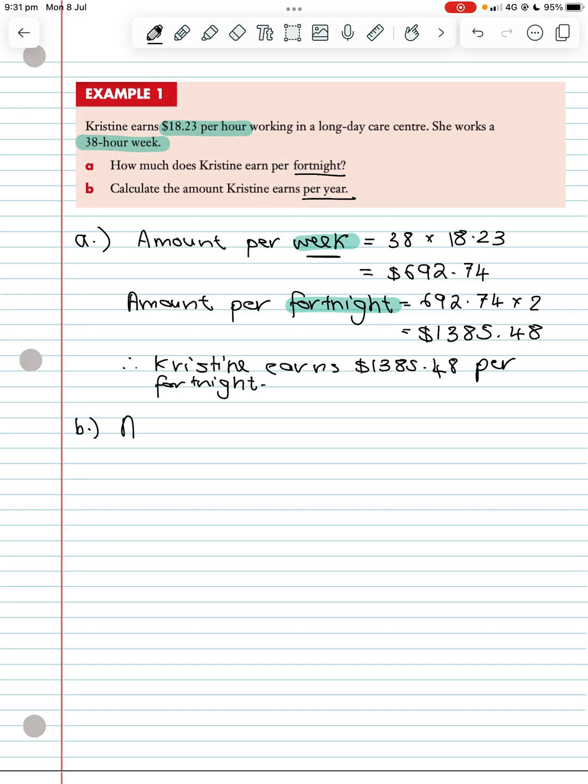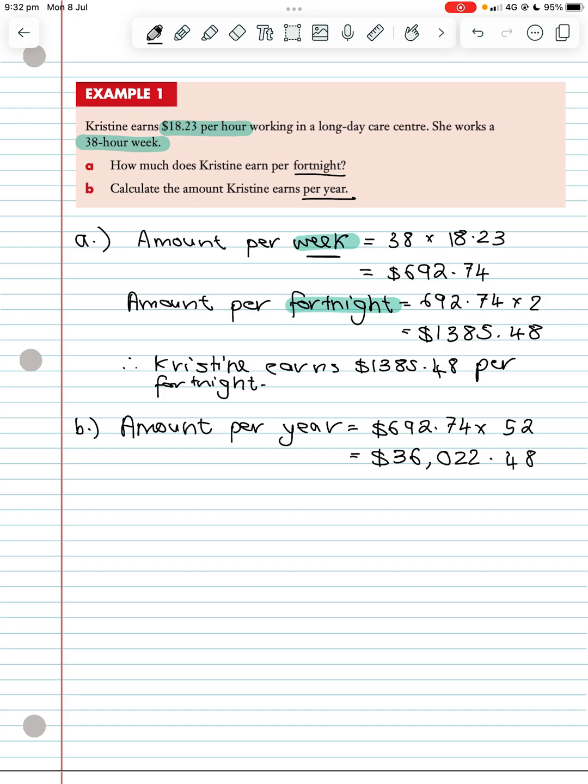So I'm going to say amount per year. It's going to equal our weekly amount of $692.74, and there's 52 weeks in a year, so we're going to multiply by 52. This is going to give us $36,022.48.